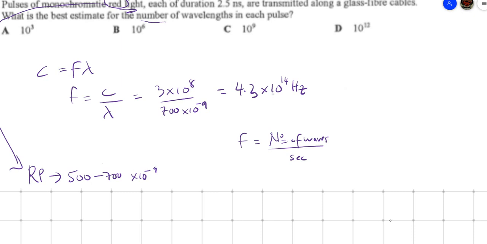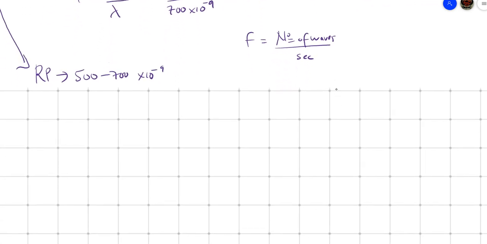If you remember, we've got a wave. The wavelength is actually a complete wave, so this here is a complete wave, and therefore we're looking for that. So if we rearrange, the number of waves is equal to frequency times the time. In this case the frequency is this much, multiplied by 2.5 times 10 to the power -9.